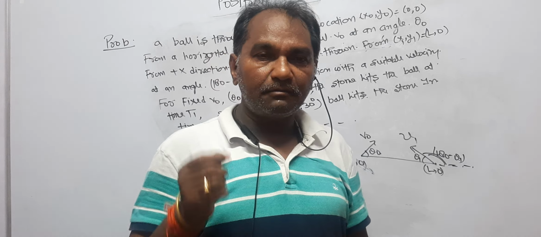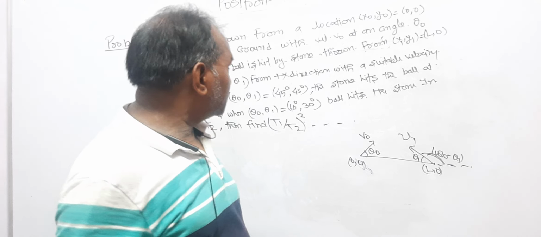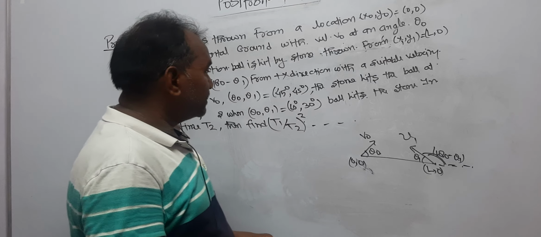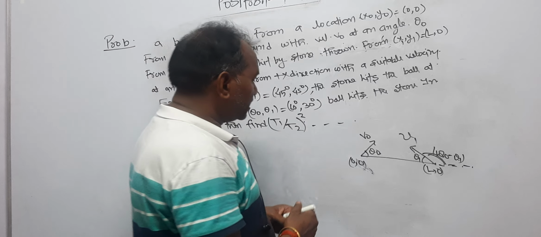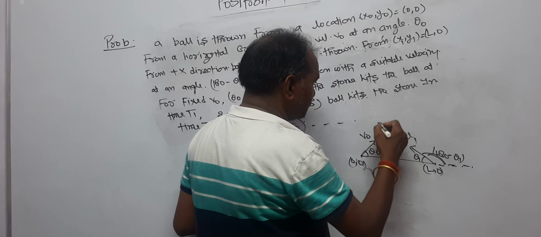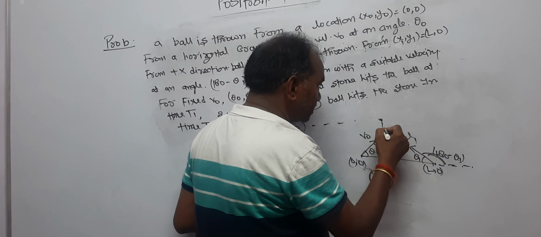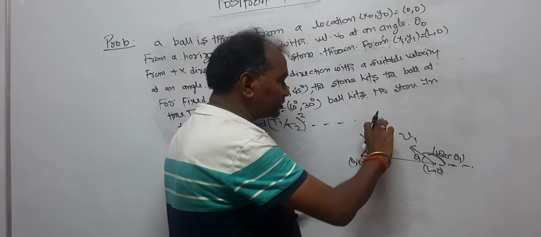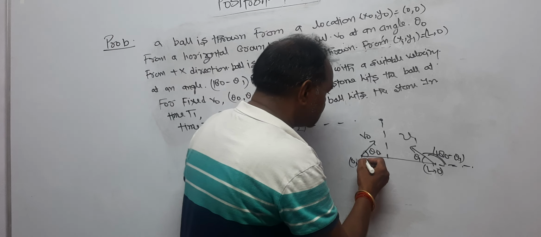Now dear student, what is the basic condition for the stone to hit the ball? Let the stone hit the ball here. Either you apply that both traverse equal vertical distance, or horizontal distance.